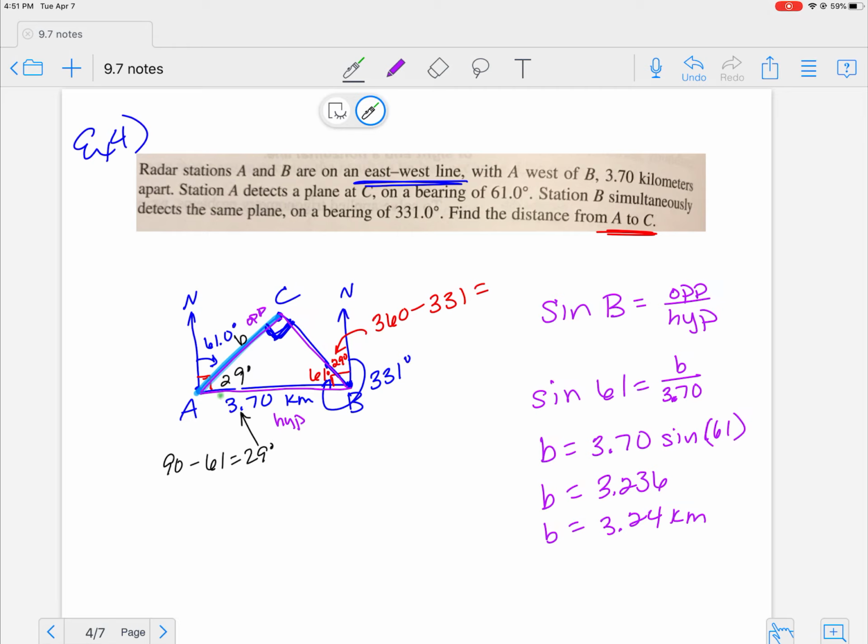Yes. 29, you can make a cosine. That would be your adjacent, and then that would be your hypotenuse, right? So if I'm looking at B, B is going to be that. But if I have this angle A right here, I could do adjacent and hypotenuse, and I could use cosine. You're going to come up with the same thing.